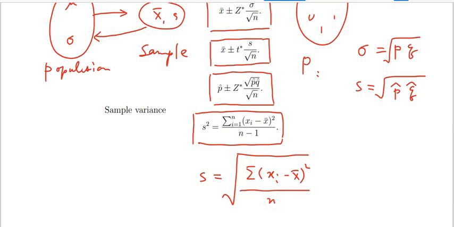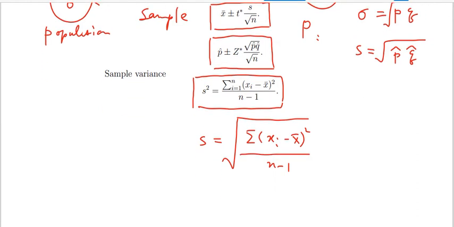Here we divide by n minus 1, because n minus 1 is the degree of freedom for those numbers, like x_i minus x bar.